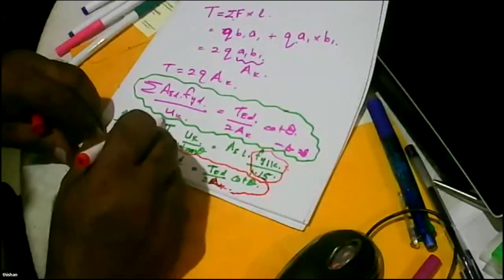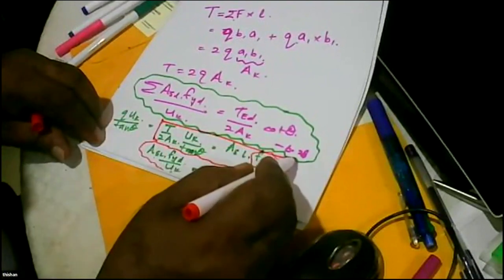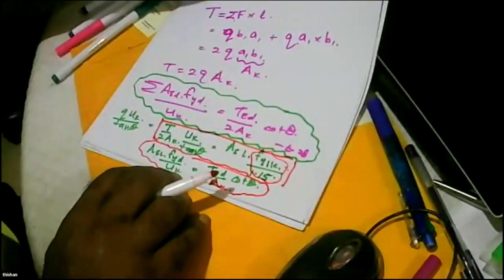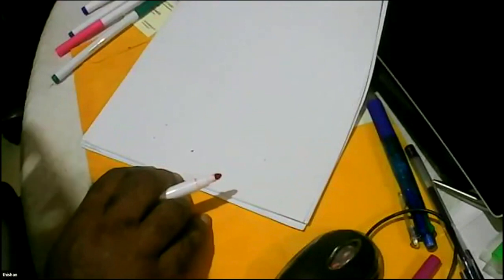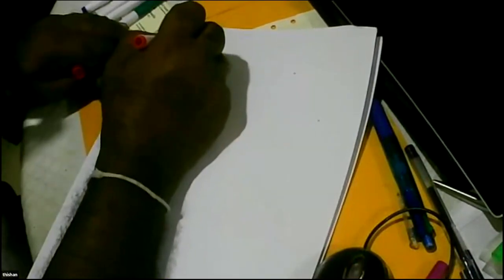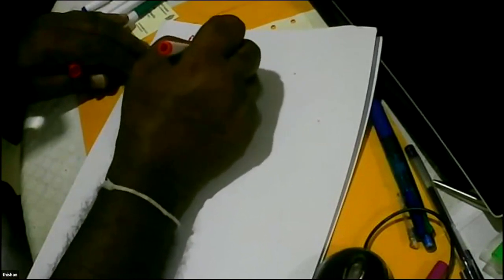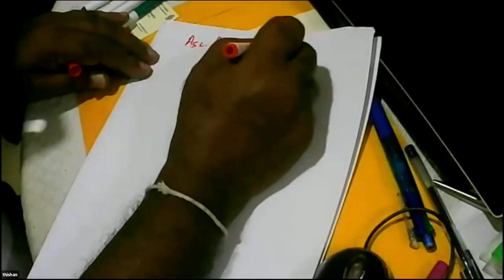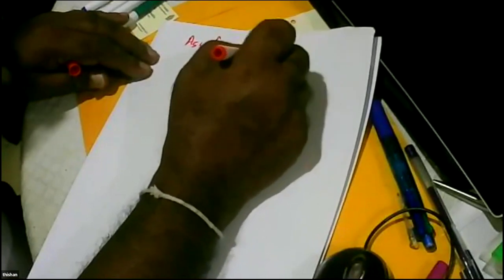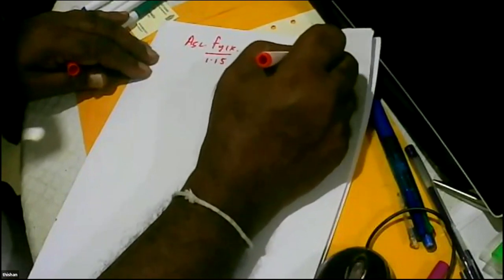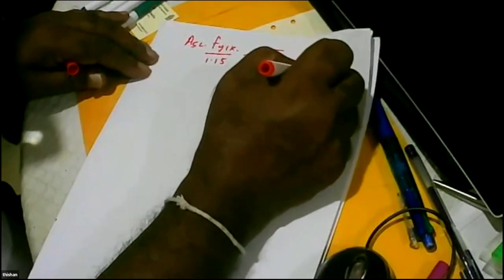And this is the equation that we are going to use, right? So the equation that we are going to use is Asl fyl k over 1.15 equals T Ed over 2Ak, Uk over tan theta.